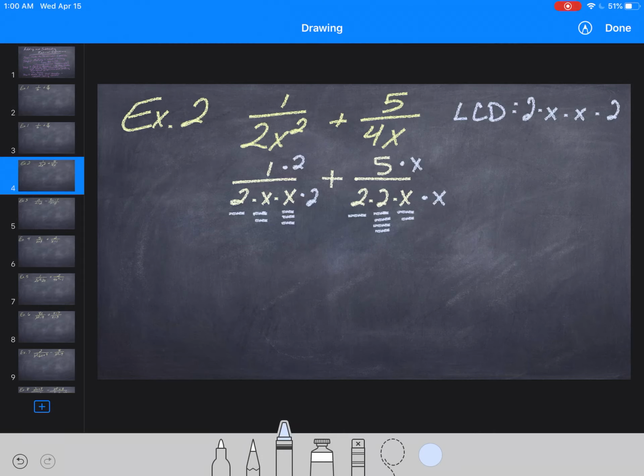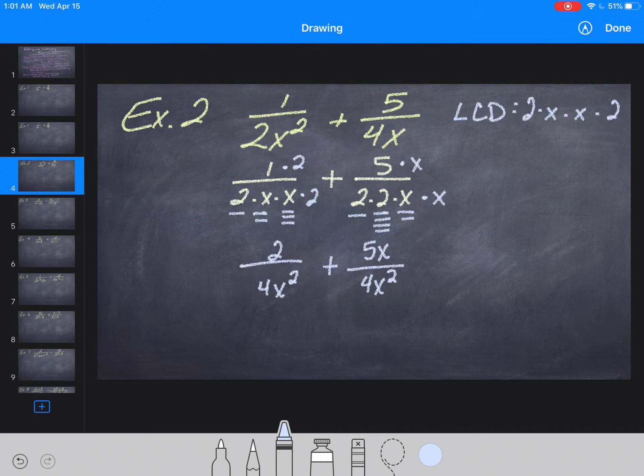Now I'm going to go ahead and simplify my numerators. So 1 times 2 gives me 2 over, and then I have 2 times x times x times 2. That gives me a 4x squared, plus 5 times x gives me a 5x all over 2 times 2 times x times x gives me a 4x squared.